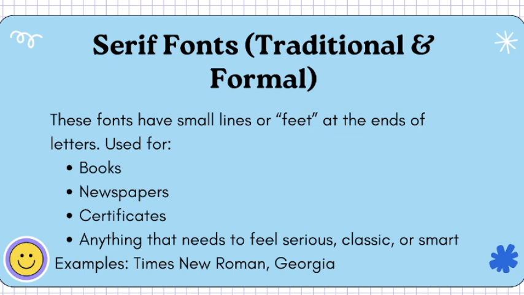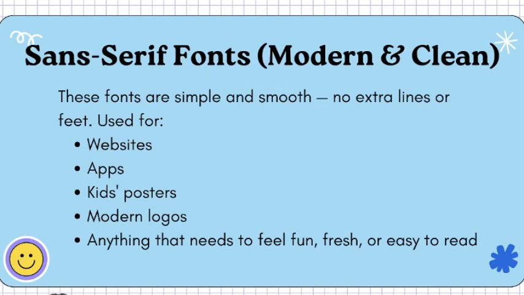Some fonts under the serif fonts are like Times New Roman and others. So if you're making something that has to do with traditional or formal, it's best advised to use serif fonts.